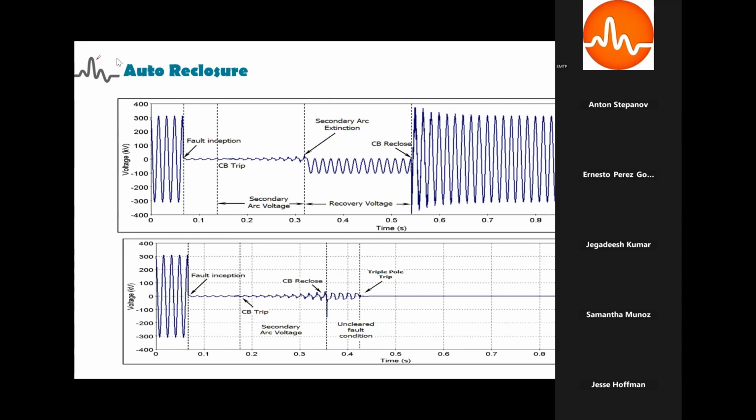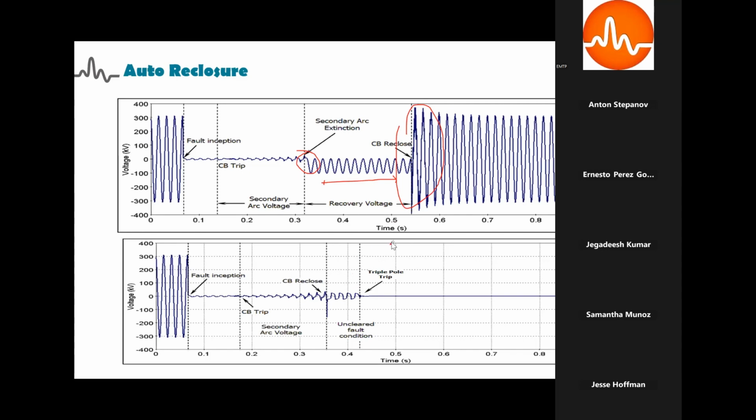So why is secondary arc extinction important for reclosure? The first figure shows us reclosing the circuit breaker after extinction of the arc. Here the arc extinguishes, and after some time we reclose the breaker. In this case the voltage is recovered, and a healthy voltage is observed after reclosure.